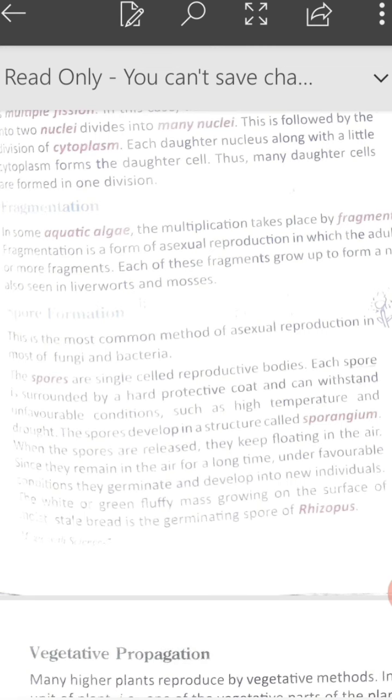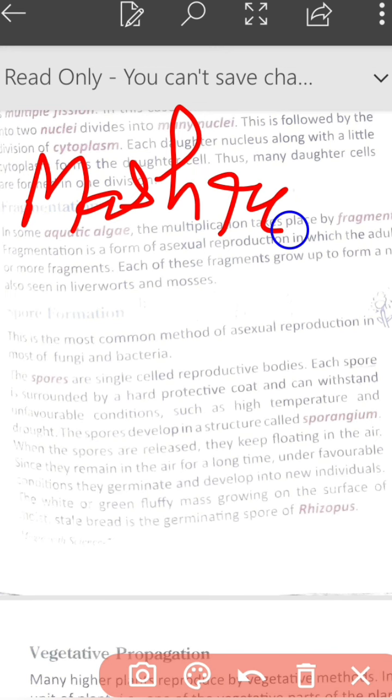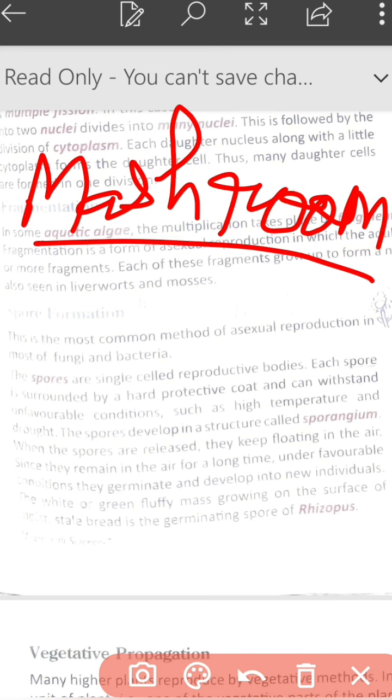So in spore formation, when the spores are released, we take an example of mushroom. In mushroom, you see some spores on the cap of the mushroom.